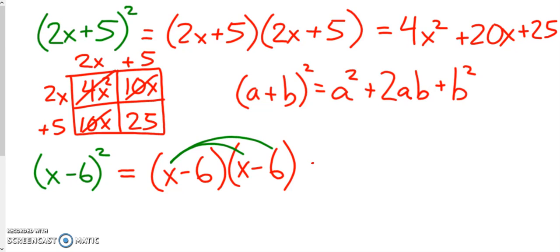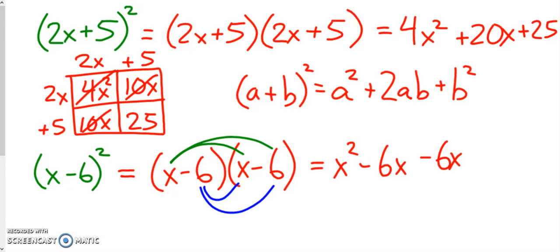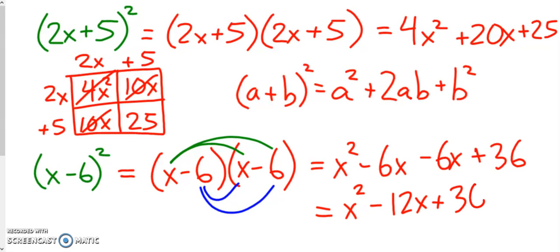So, x times x is x squared, x times negative 6 is negative 6x, then negative 6 times x would be negative 6x again, and then negative 6 times negative 6 would be plus 36. And if we combine our like terms, we get x squared minus 12x plus 36.